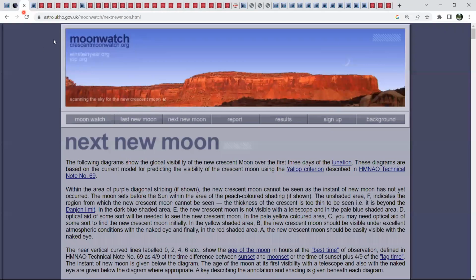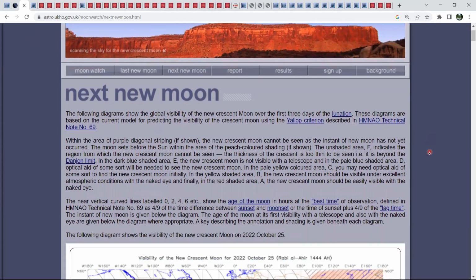We also recommend Her Majesty Observatory Moon Watch program, also called the Einstein program. This is a very important study as well for observation. It gives you 15 days in advance to the conjunction, the next new moon, with diagrams, because it is observed.